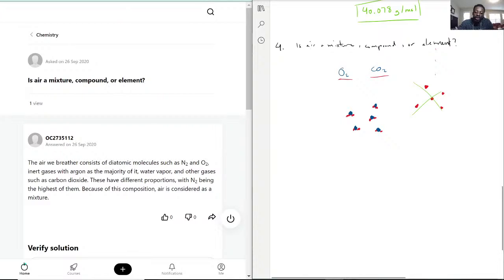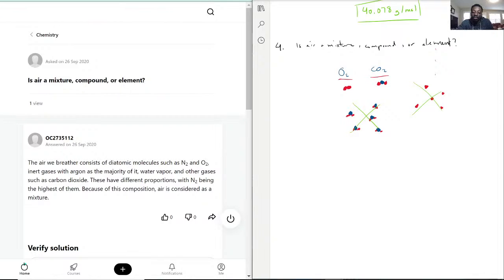And now if we were to actually draw out what O2 and CO2 theoretically look like, O2 would be more like this, and CO2 would be more like this. Okay, so now would you say that those are the same compounds? No, because those are different compounds. O2 and CO2 aren't the same. If we said air was just filled with carbon dioxide, I mean, for one, we die. But more, then we can say yes, it's just a compound.